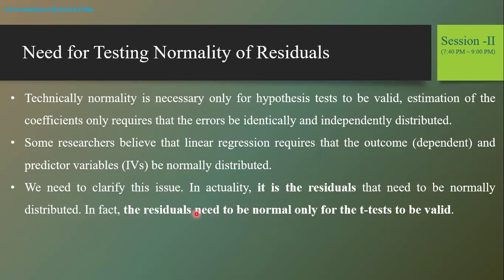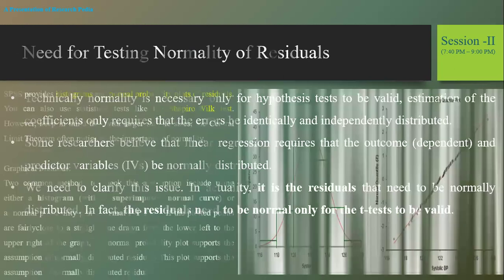In fact, the residual needs to be normal only for the t-test to be valid. So if your residuals are normal, your t-tests are valid. If your residuals are not normal, we may consider that your t-test or t-values are not valid. So you need to check the normality of the residual of the data.